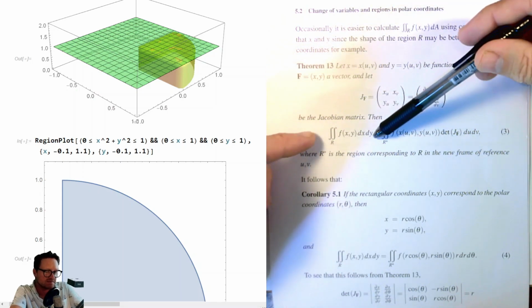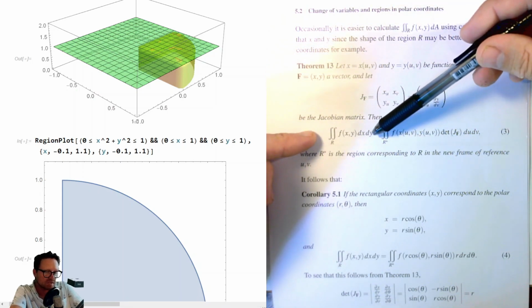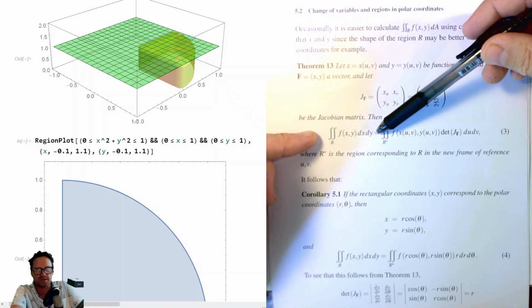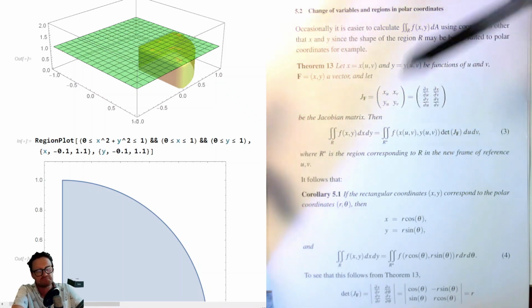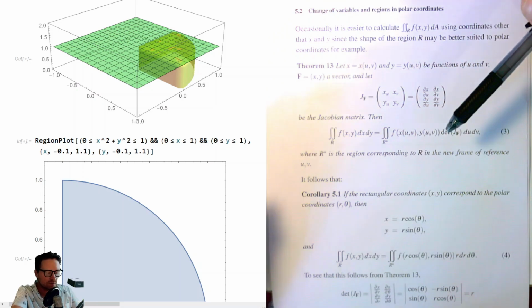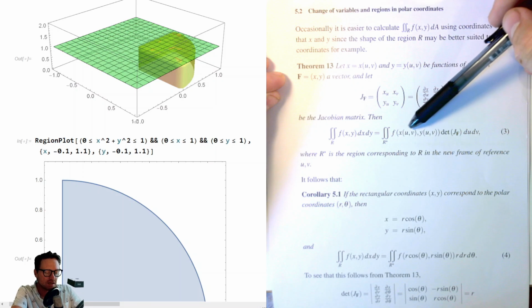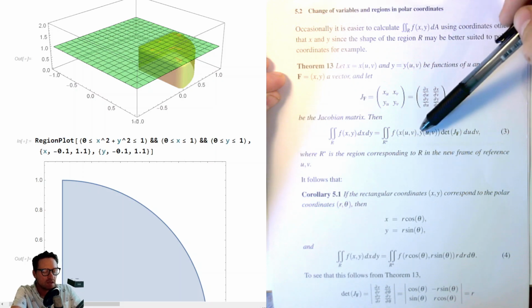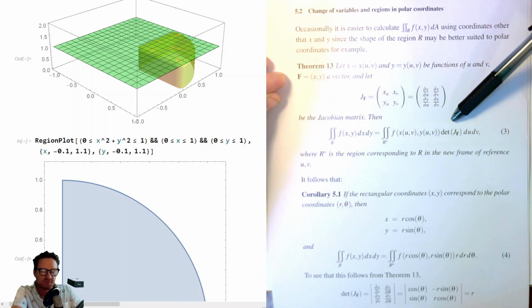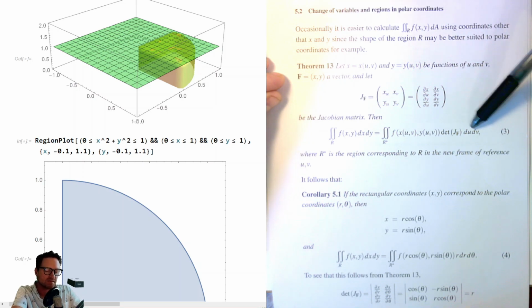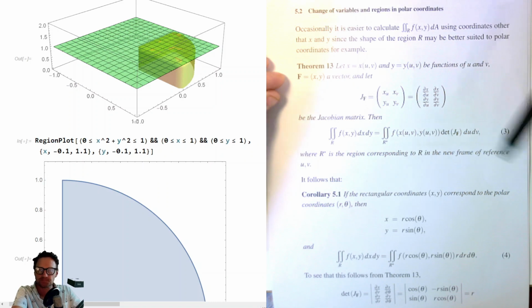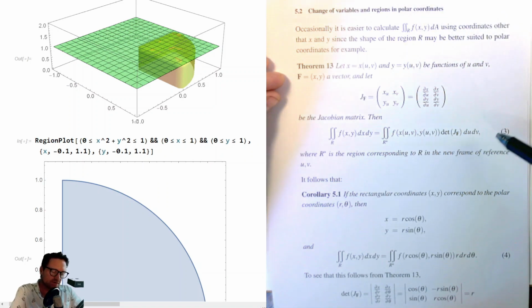All right, so we take this double integral, and so suppose we decide that it's better in terms of the letters u and v, say polar coordinates. Well, then what we do is we replace this with f of x of u and v and y of u and v, but we have to include the determinant of the Jacobian matrix, and then we can make that substitution to integrate with respect to u and v.